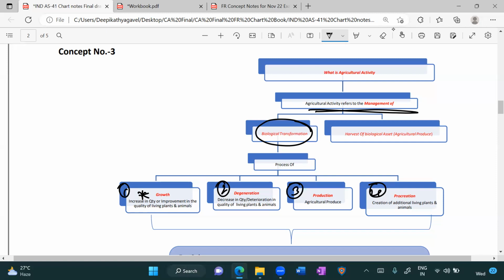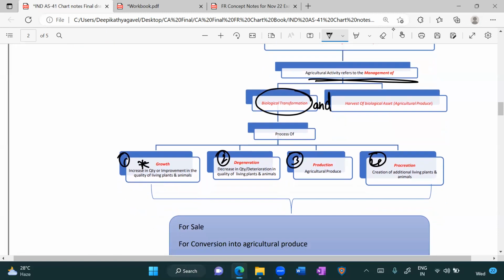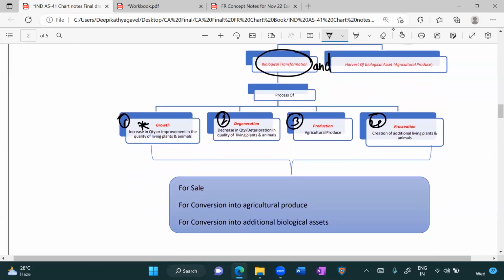So either you are in the management of biological transformation. What do you mean by biological transformation? It can be growth, degeneration, production, or procreation, right? You are in the management of biological transformation along with the harvest of the biological asset. Why is all of this activity being done by you?